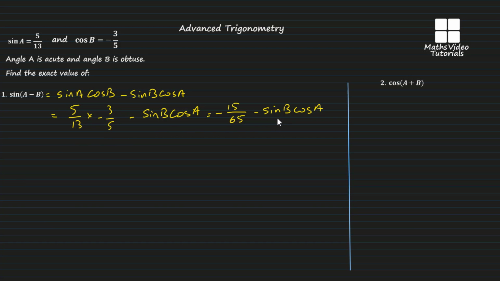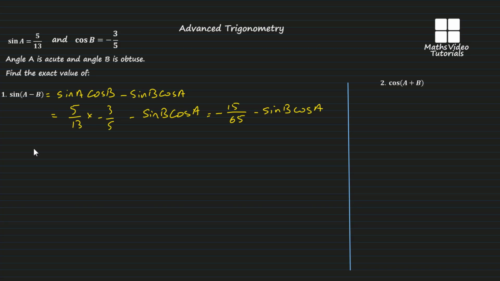So we need to find the value of sine B and also the value of cos A. To get the value of sine B, we need to use this here, cos B, apologize. And to find the value of cos A, we need to use this one here. So let's do cos A first.